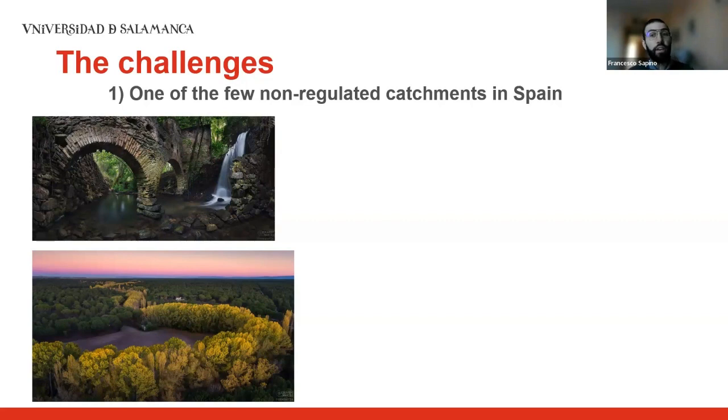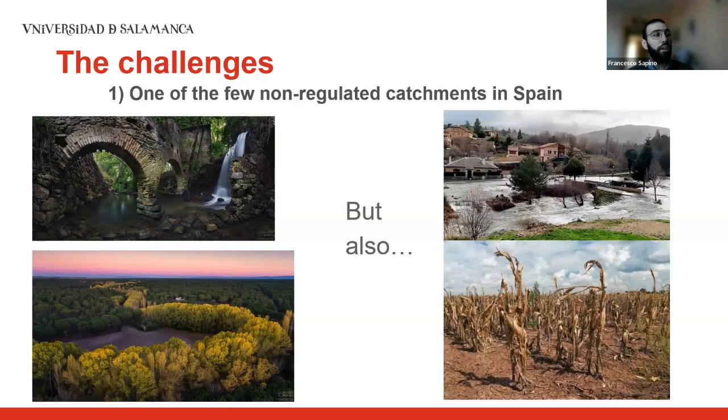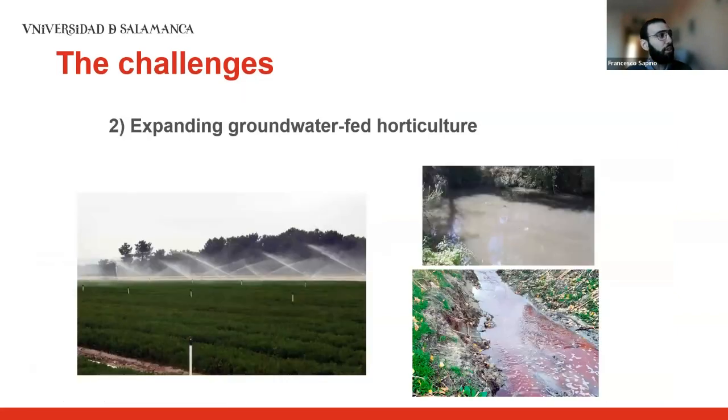But of course, this comes at a cost, because with the increase in climate instability, we are observing an increase in extreme events, especially floods and drought. Another challenge of this area is that there is an expanding horticulture that is relying, as we have seen, especially on groundwater.